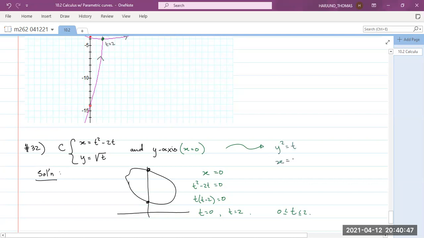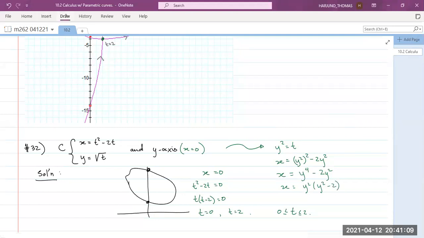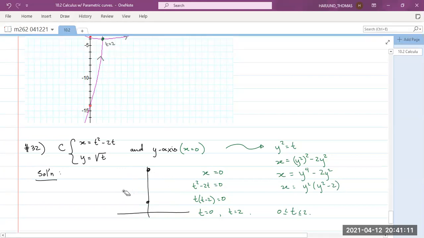So x equals y squared squared minus 2y squared. So let me update the graph now. X becomes Y, Y becomes X.